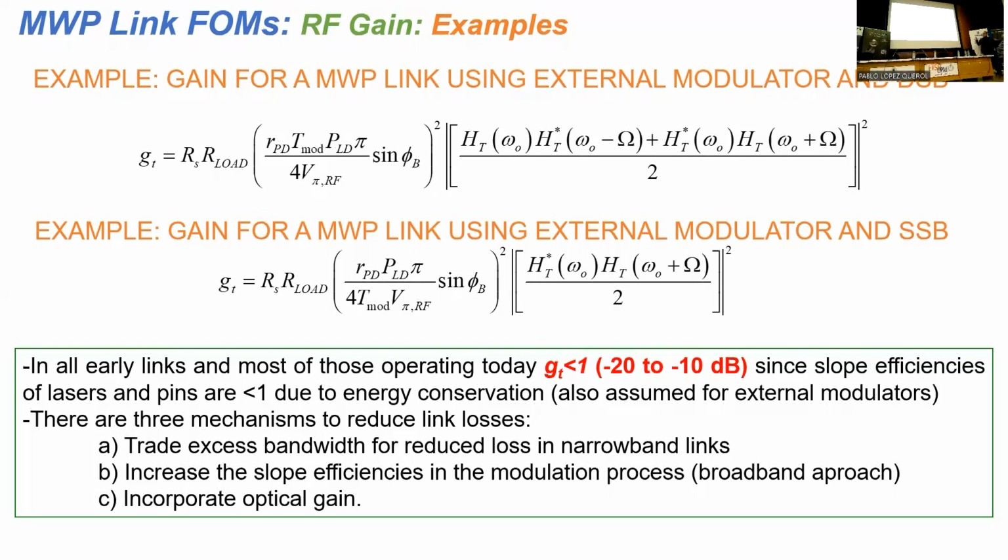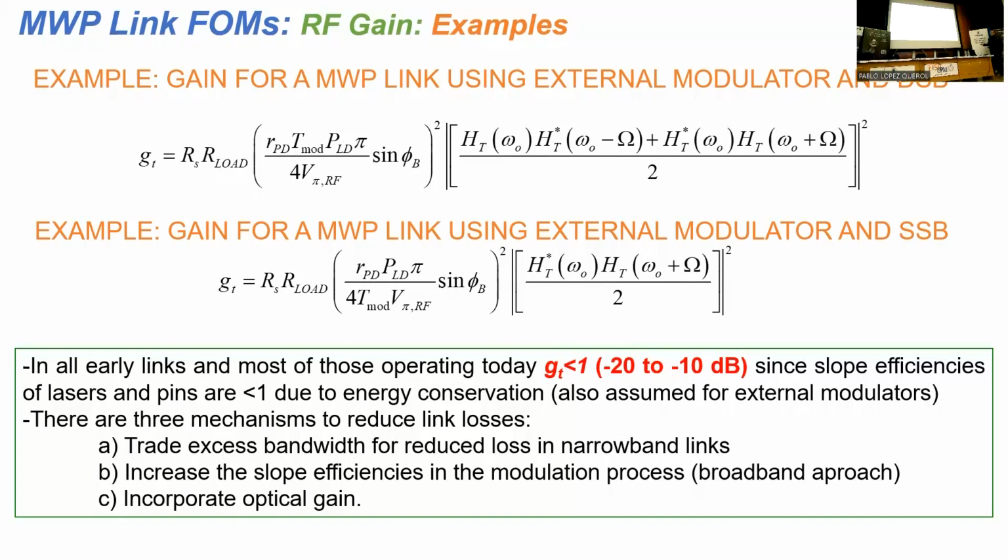But there are three mechanisms to reduce losses. First of all, we can always trade excess bandwidth for reduced loss. This means that instead of aiming for broadband links, if you are prepared to work with lower bandwidth links, then you can increase your gain.